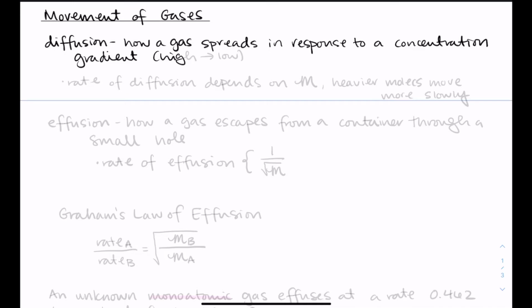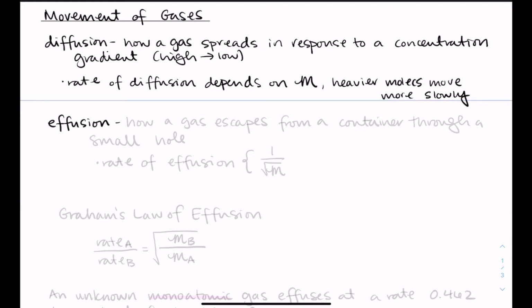It travels the way that you would expect, in that it goes from a high concentration to a low concentration, or essentially it is moving in a way that equalizes the concentrations. And the rate of diffusion depends on the molar mass. Heavier molecules move more slowly. So it moves slow if it's heavy, moves fast if it is light. And we'll have a better relationship for that in a bit.